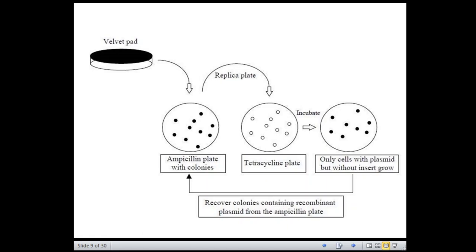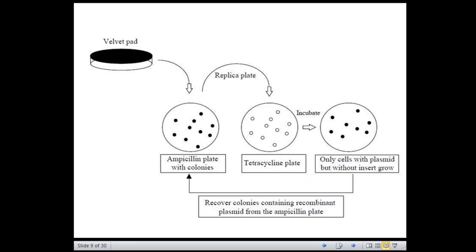So, this figure illustrates the importance of second gene for antibiotic resistance in a vector.